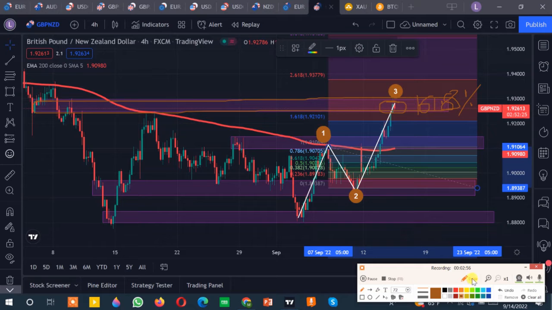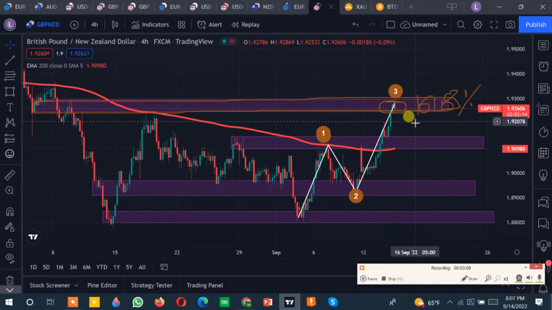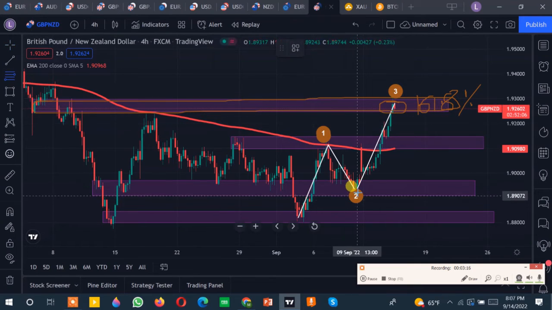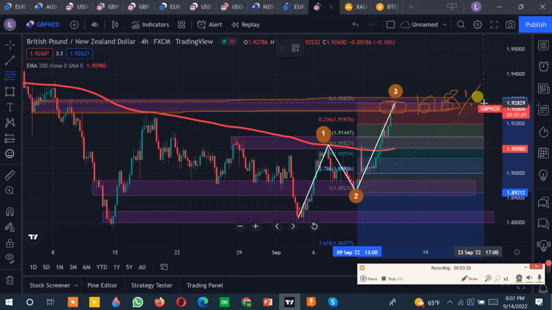So again, now I delete this Fibonacci retracement level, and for determination of the next point 4 we can plot another Fibonacci retracement level between 2 and 3.